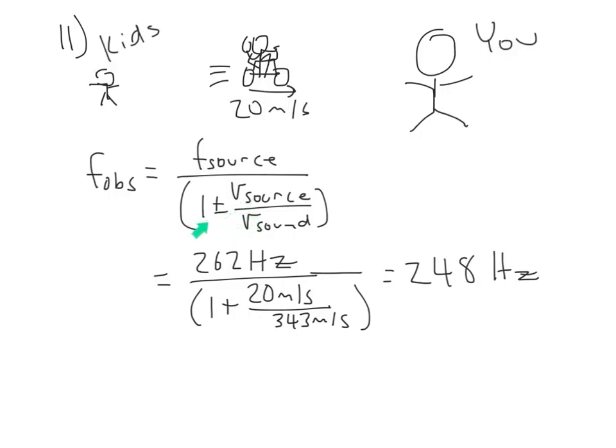Now the interesting thing here is, here's where you have to make sure the positive and negative are correct. This object is moving away from the observer, so we have to take this to be positive. I just throw this in, it's a really easy formula to do, and we land up, they hear a 248 hertz sound. Again, Adele's singing at 262, but the frequency drops to 248.